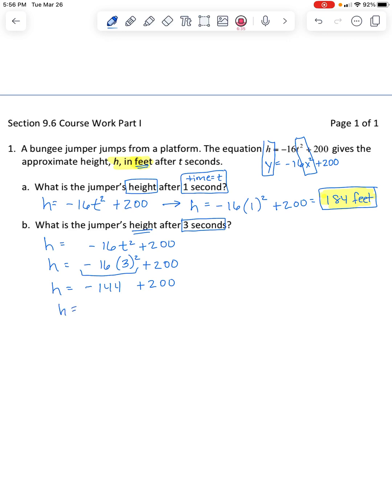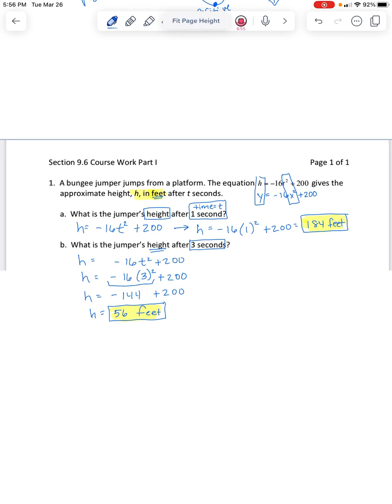We add 200 to that, and you're going to end up with 56. So after 3 seconds, his height from the ground is going to be 56 feet. And in letter A, in 1 second, he was 184 feet off the ground. So that's how you do those problems. I'm going to go ahead and end this video on this problem.